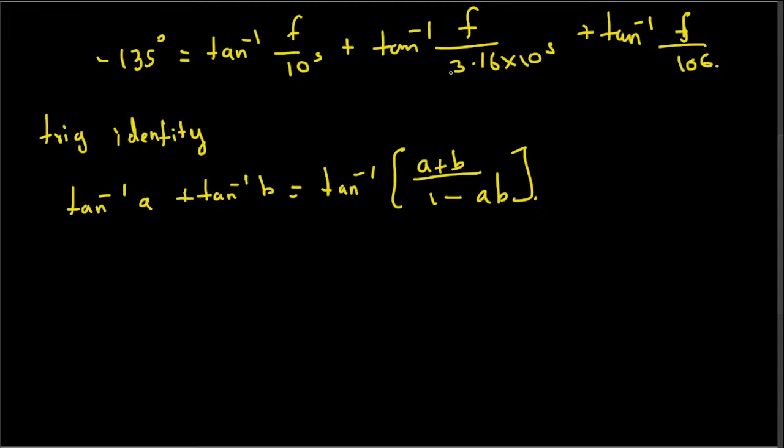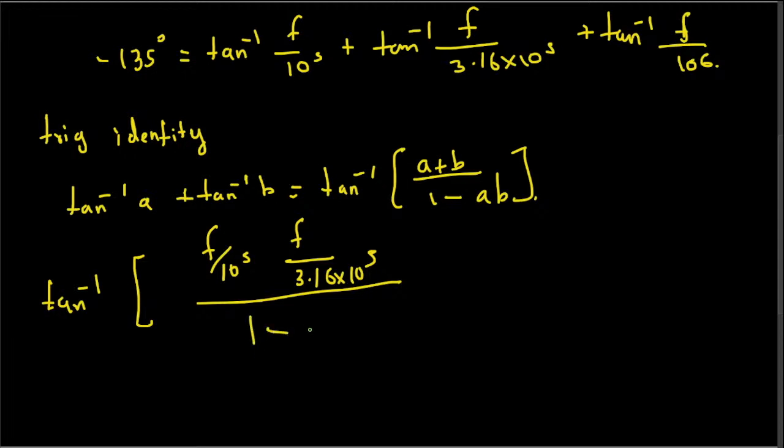So if I take the first one and second one, I can express this as tan inverse of A plus B, where A is f over 10 to the power of 5 and B is f over 3.16 times 10 to the power of 5, over 1 minus A times B, which is f over 10 to the power of 5 times f over 3.16 times 10 to the power of 5.